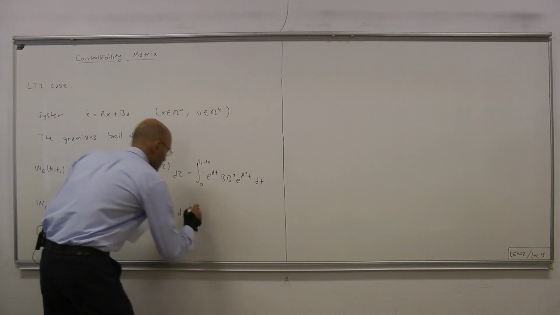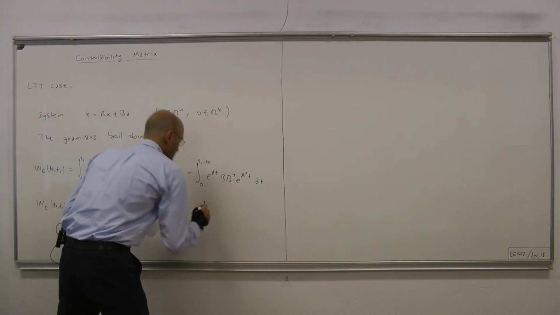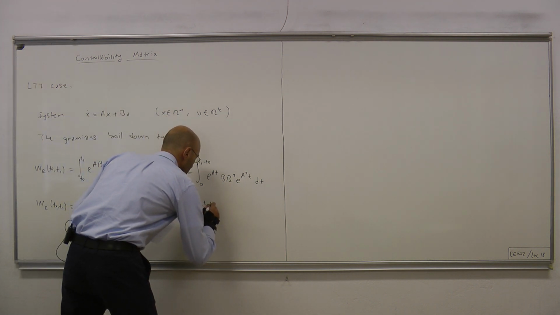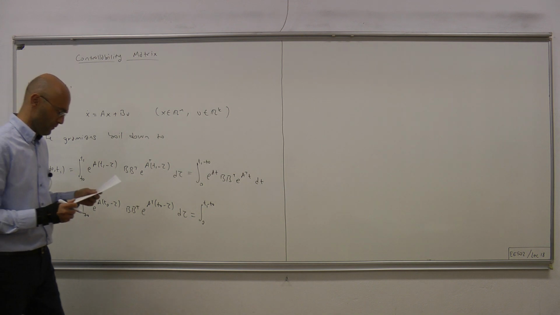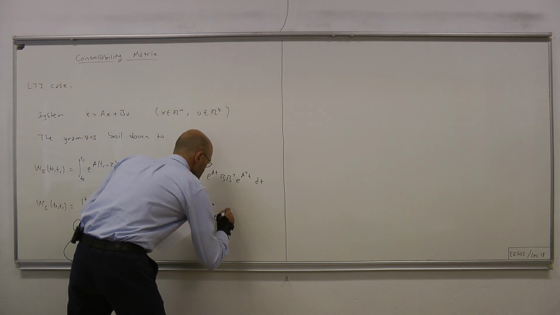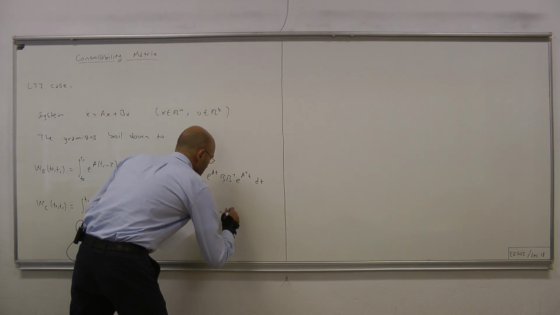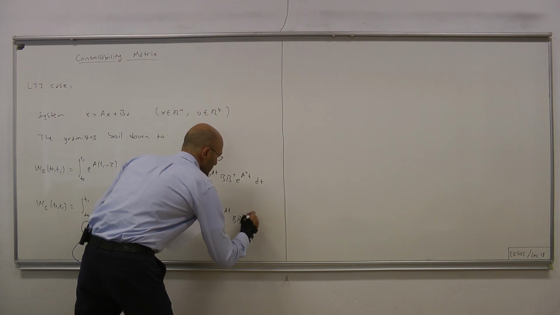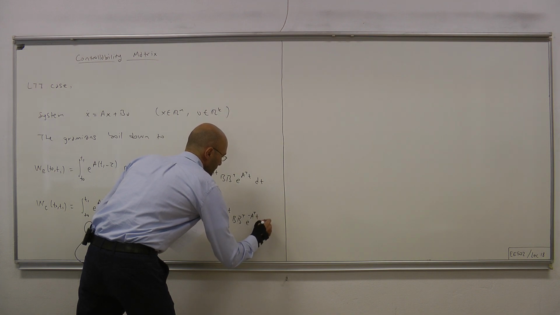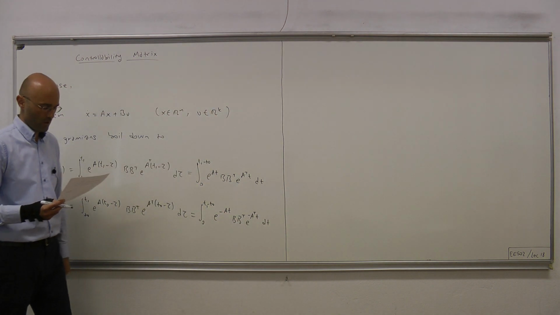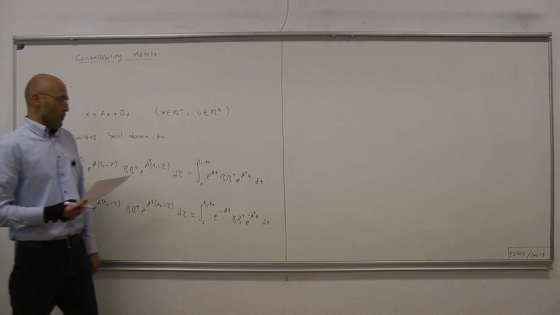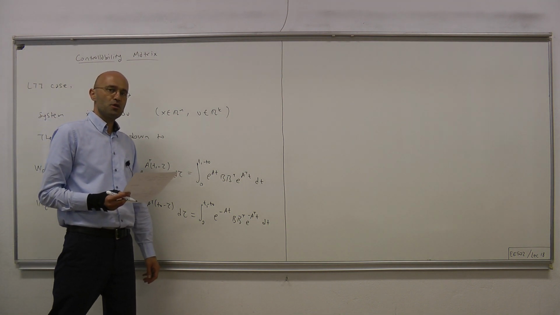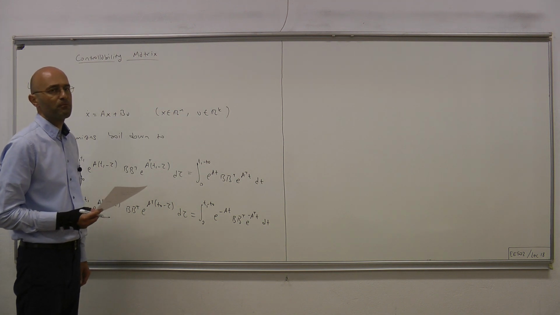And for the controllability Gramian, we can write the integral of e^(minus At) B B transpose e^(minus A transpose t) dt. Now these are two symmetric positive semi-definite matrices, and we're going to introduce yet a third matrix.